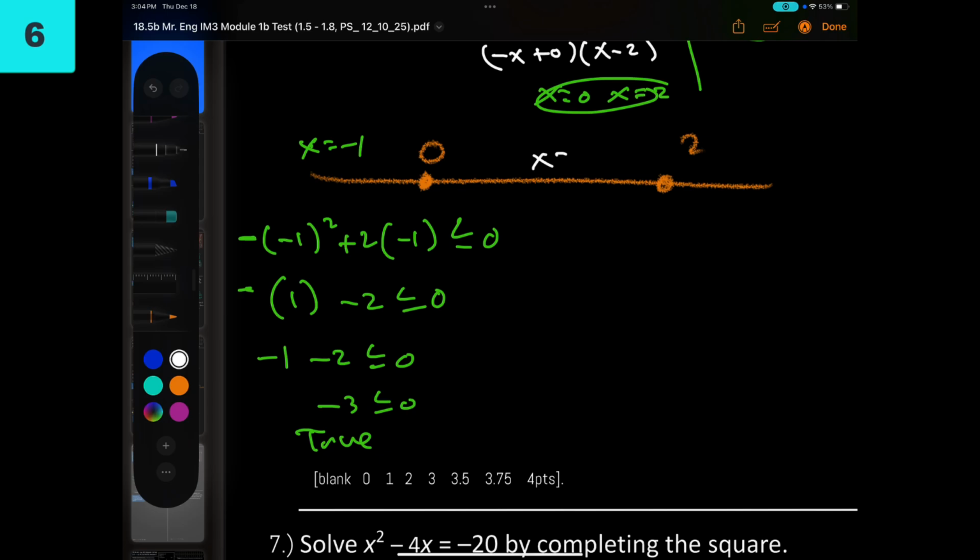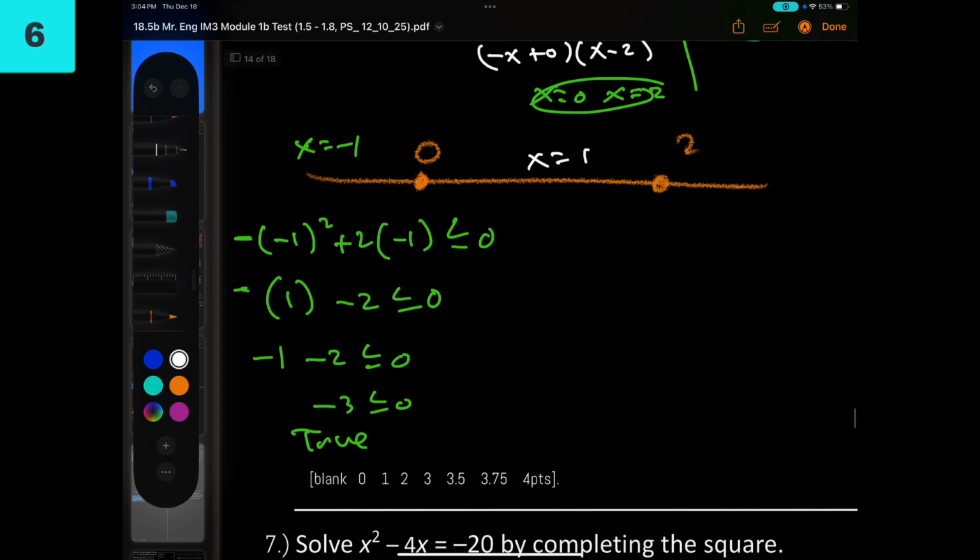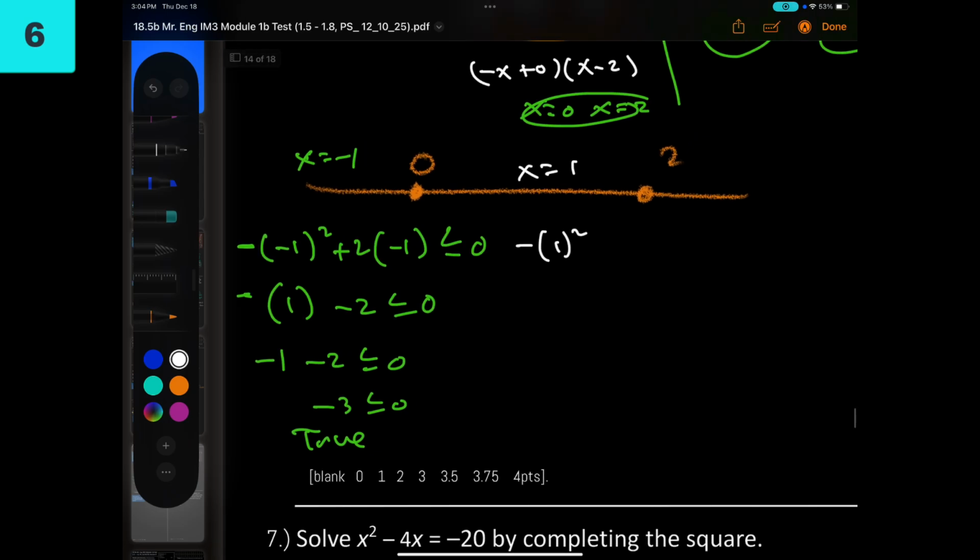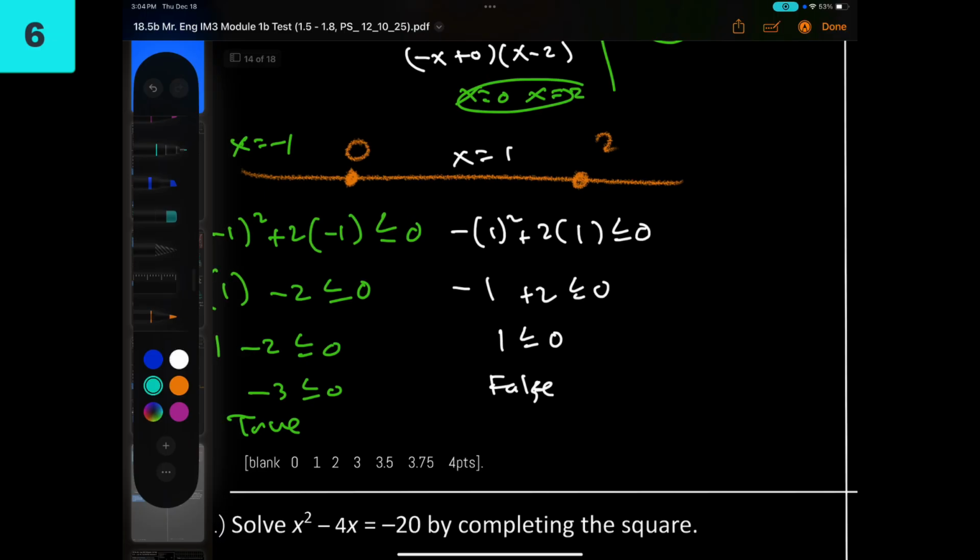Okay, let's test another region. X equals 1. So I'm picking a number between 0 and 2. Same thing. Every time I have an X, I'm putting in the parentheses, I'm replacing it. And that becomes 1 is smaller than 0, so this would be false. Okay, so then let's do the last one. X equals 3.